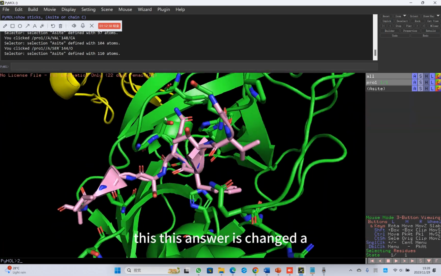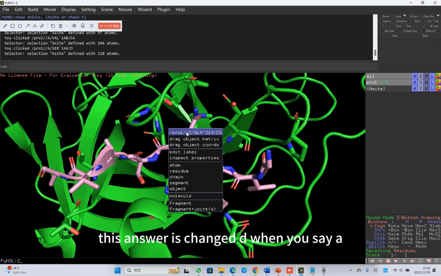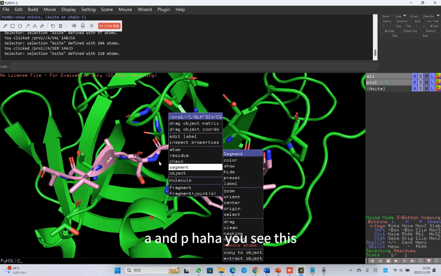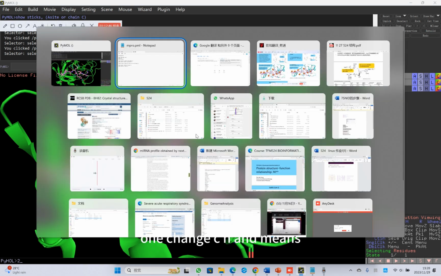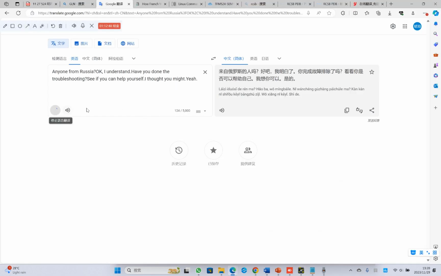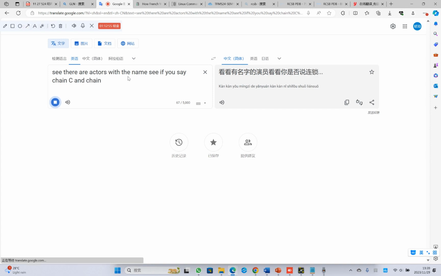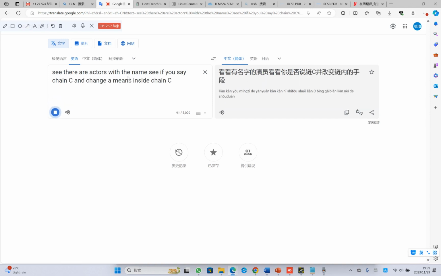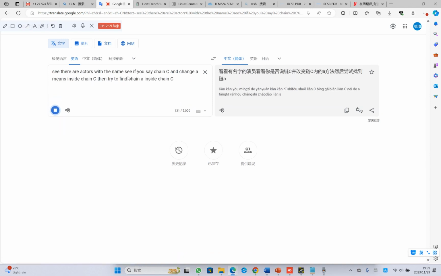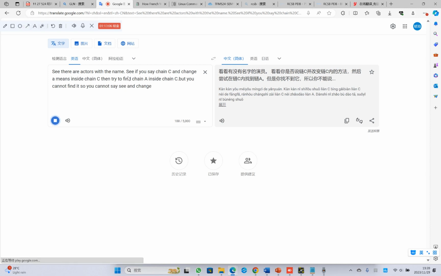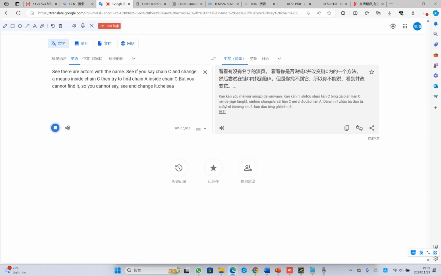This atom is chain A. This atom is chain B. If you say chain C and chain A, it tries to find chain A inside chain C, but it cannot find it. So you cannot say chain C and chain A. Chain C or chain A.